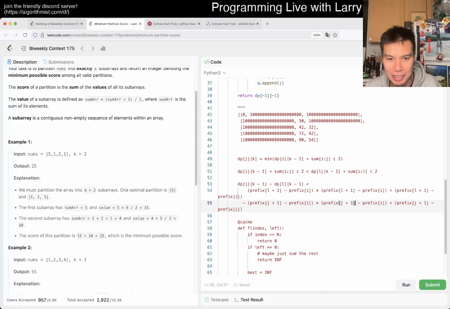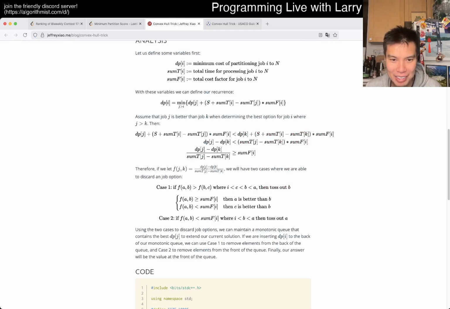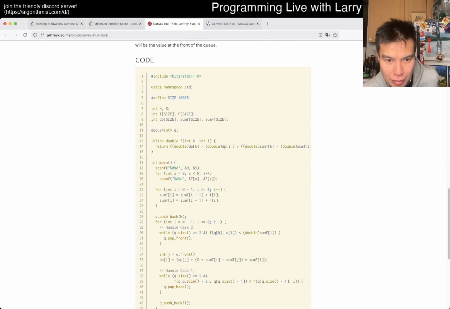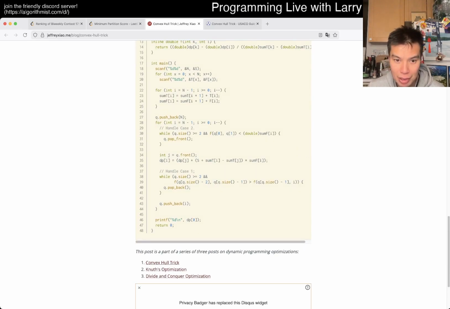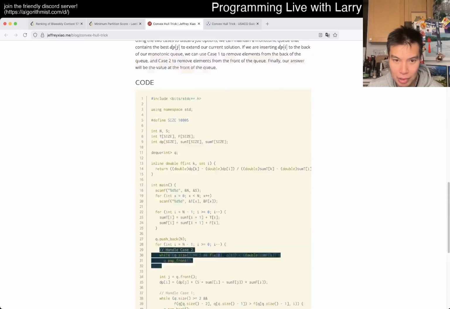I don't know that I get it. Okay, we'll keep reading. Oh no, they have this sum f part, right? But yeah, I guess that's what we want to do, but I'm not very good about it. They had case 2 on top, huh, for the front.